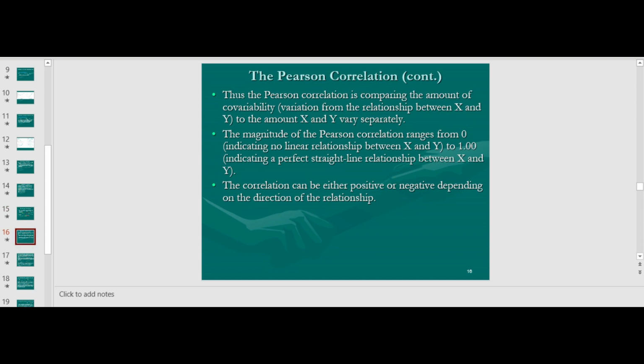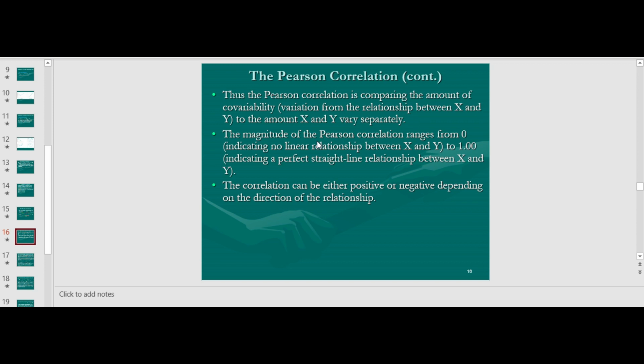So we can say that the Pearson correlation is comparing the amount of covariability, the variation from the relationship between x and y, to the amount x and y vary separately.